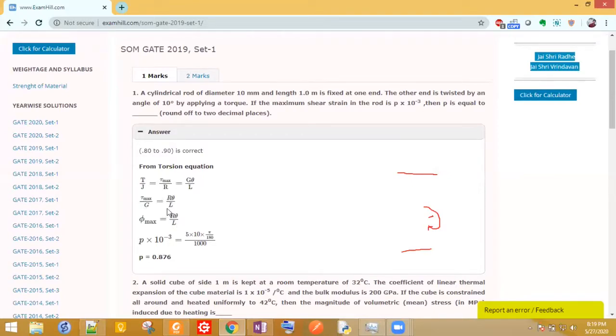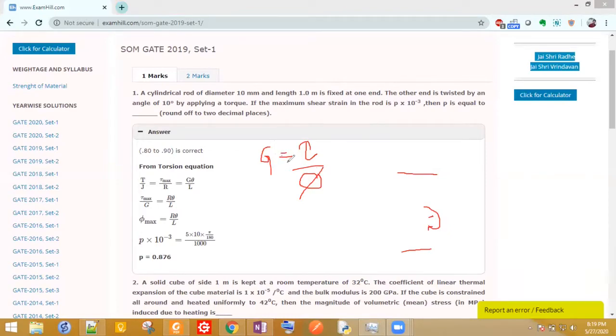As I told you, I'll again explain, you will understand. G is equal to tau upon gamma, or phi we can say. This is the shear stress, this is the shear strain, and this is the shear modulus, similar to modulus of elasticity.